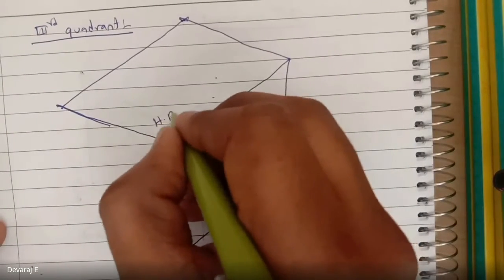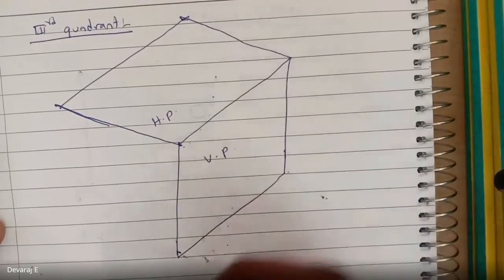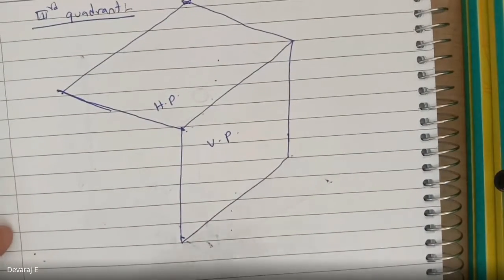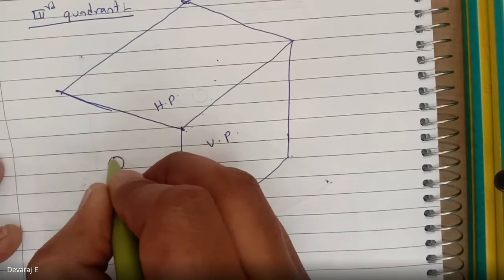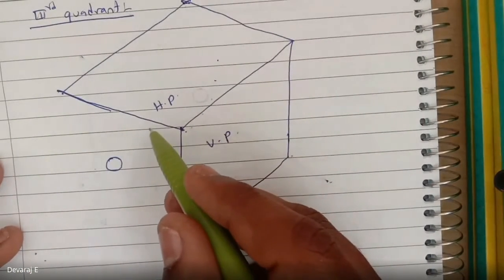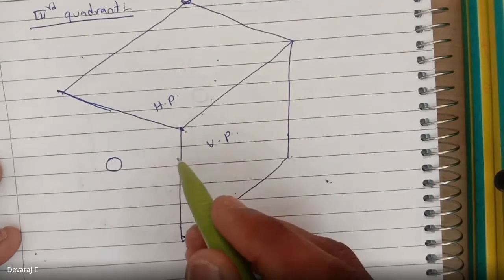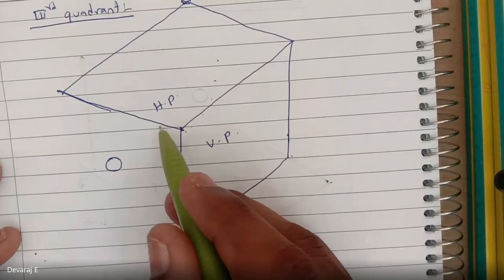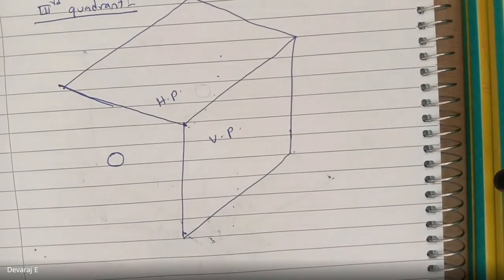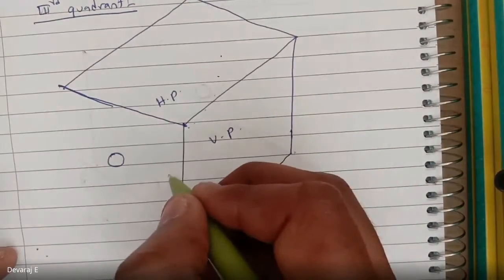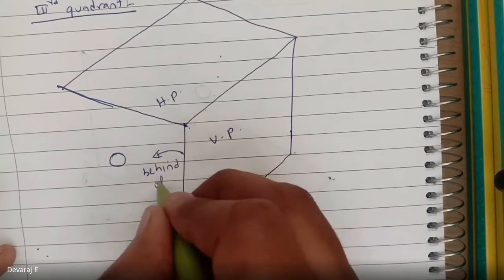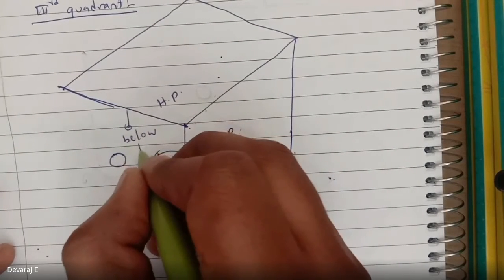Yes, sir. So this is HP, and this is VP, the vertical plane, right? If you keep your object here, it is called behind VP and below HP, right? Yes, sir. Behind VP and below HP. So this is very important.